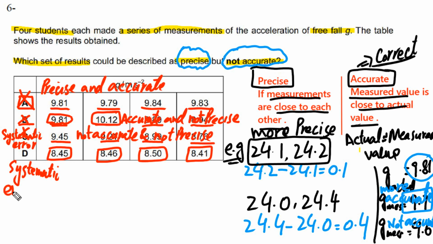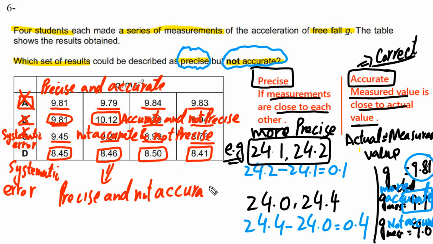So we can say these values are precise because they are close to each other, but not accurate because they are not close to 9.81. So our best possible option for this question is D.